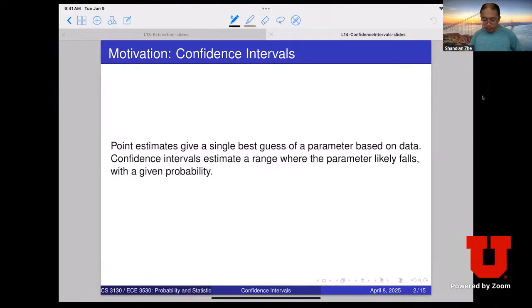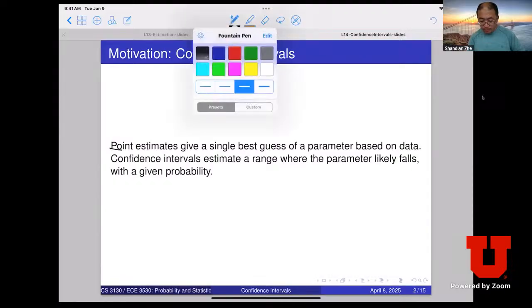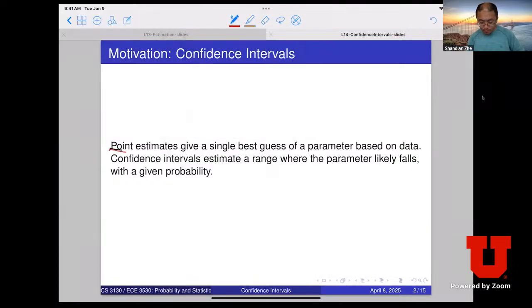However, all those estimates are just giving one number. For example, sample mean. If you have collected 100 IID random variables, their values, you take the average, it gives you some estimate. This just gives a single number, which we call the point estimate.